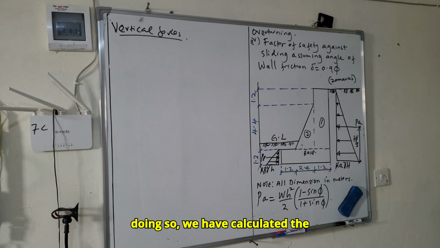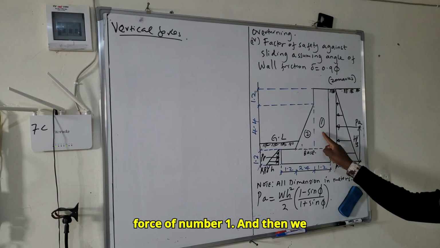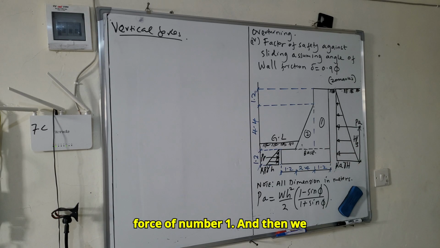By doing so, we'll have calculated the force of number 1. Then we proceed to number 2, which is also the area times the unit weight of concrete. Also number 3, the area times the unit weight of concrete.